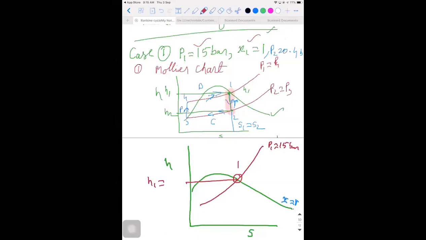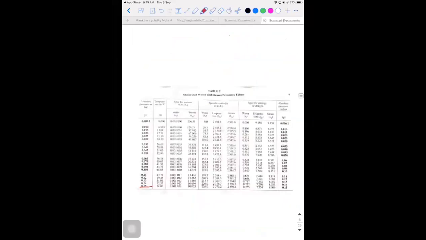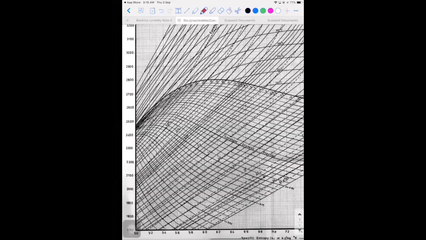Yes, I have taken this P1 15 bar line and also X equals 1, their intersection, and we will go to the corresponding document. Yes, and here also, let us see this. Where you have got the 15 bar.